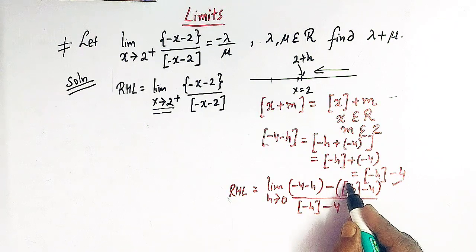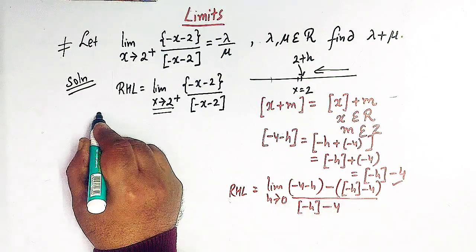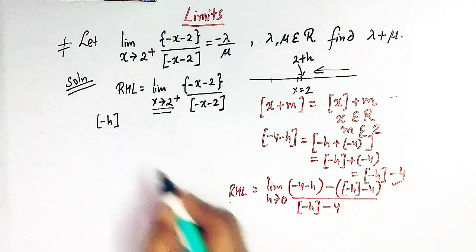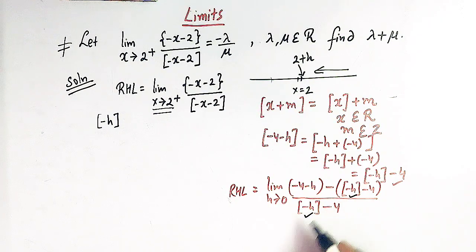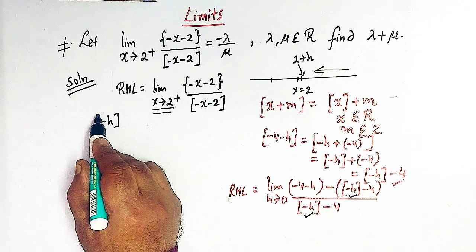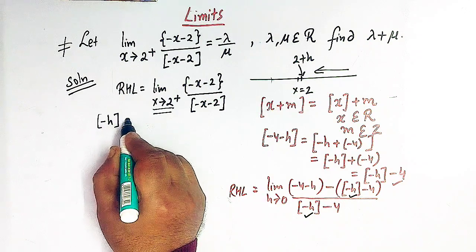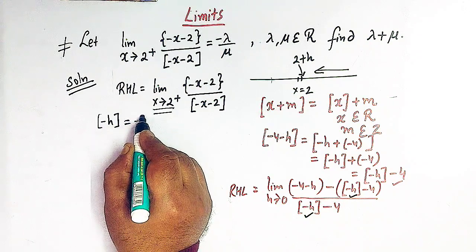Now we have to calculate the value of the greatest integer of minus h, because it appears here and here. The greatest integer of minus h is equal to minus 1.